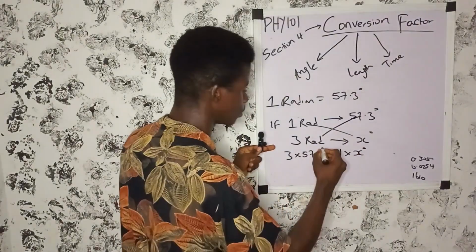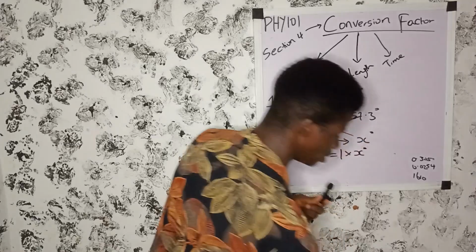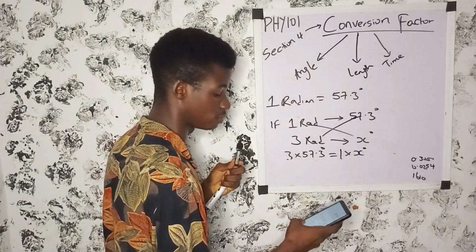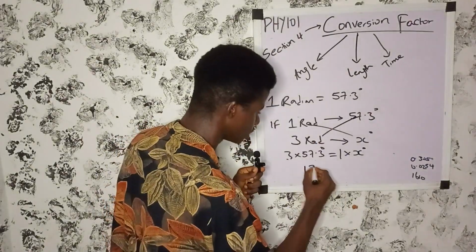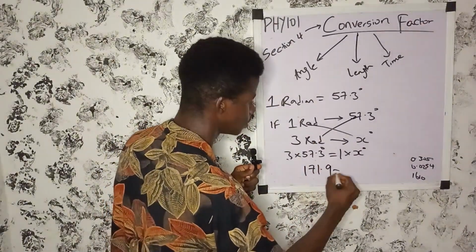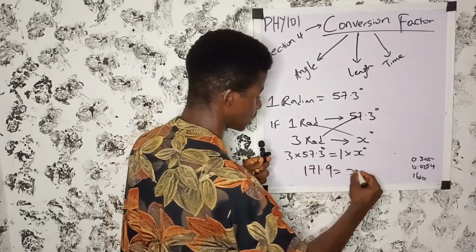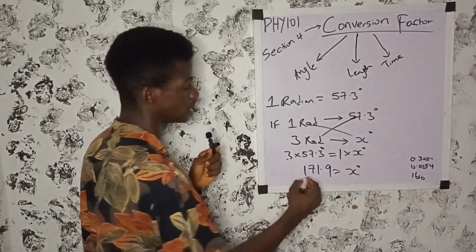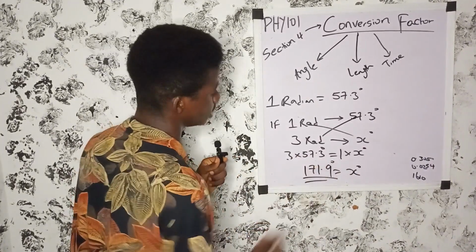So 3 times 57.3 gives us 171.9, which equals x. So this is the answer in degrees.